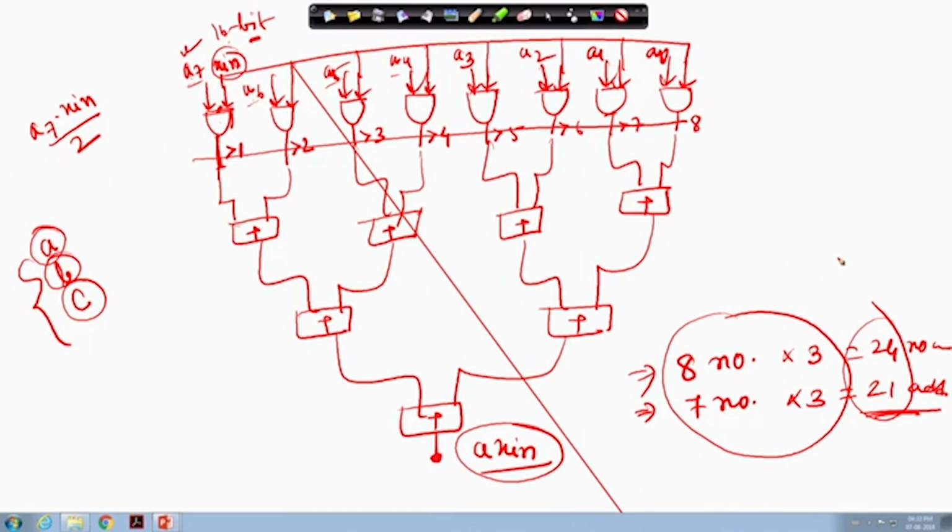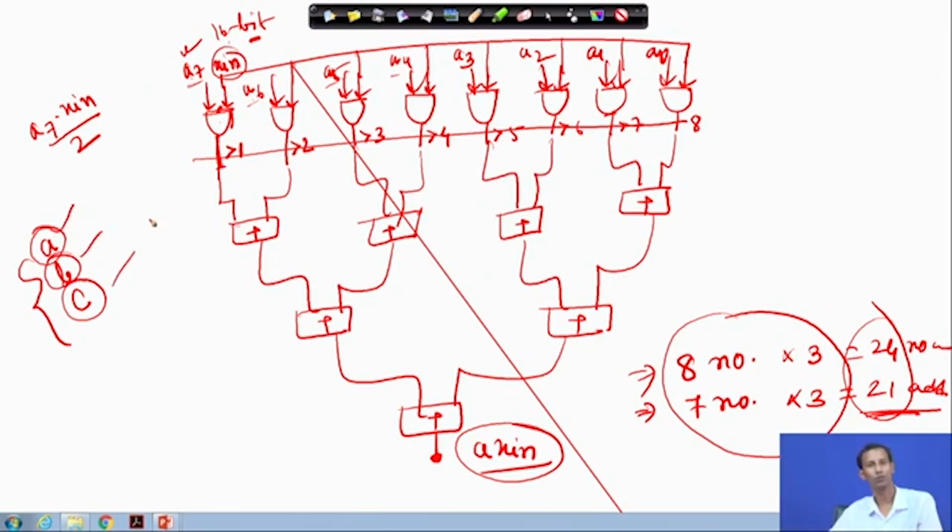Now this kind of structure is known as a reconfigurable structure, where I do not know the values of A, B, C. So my point is, can I optimize this circuit in such a way that I can reduce these numbers more?